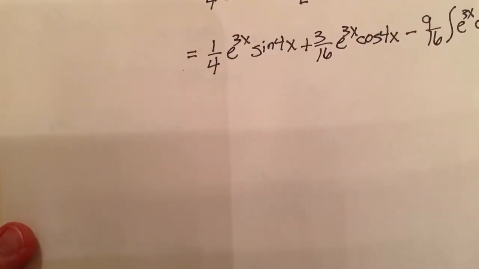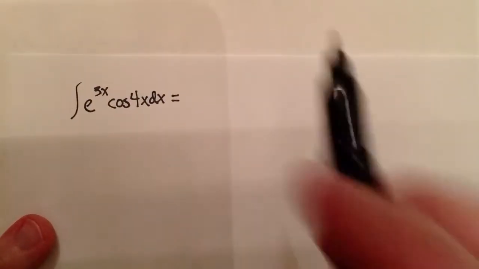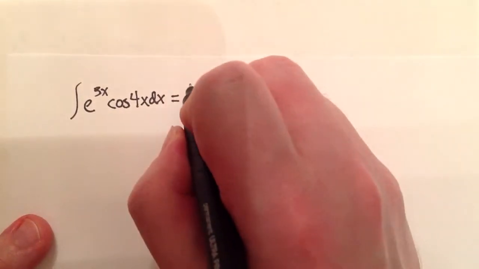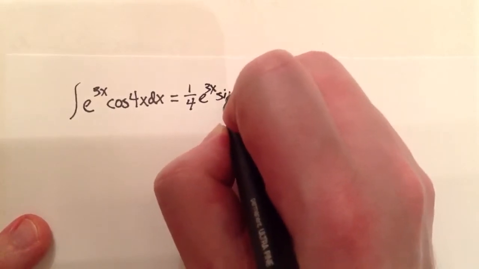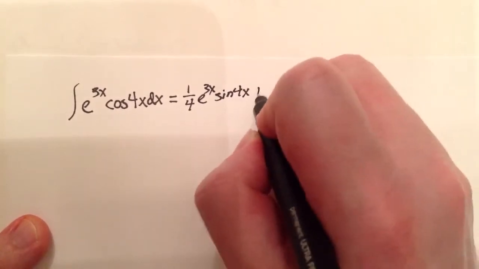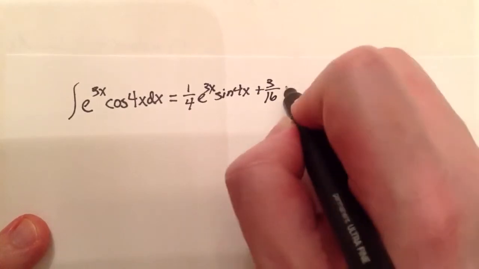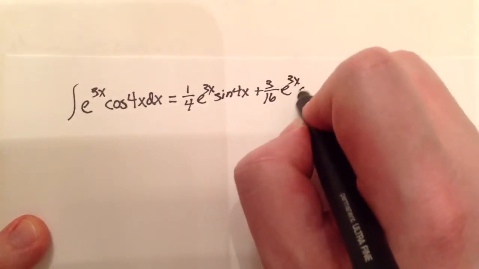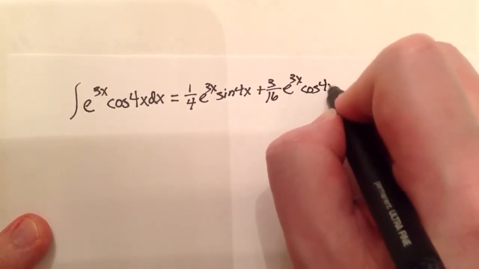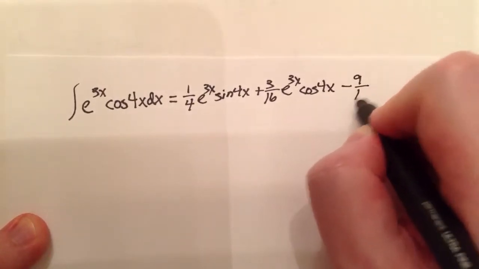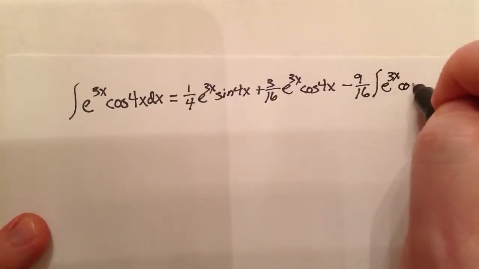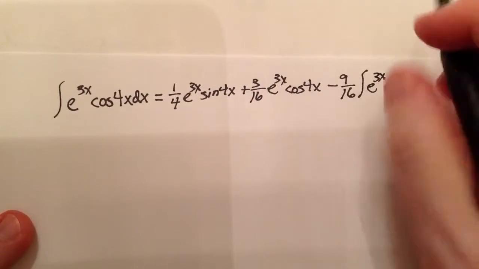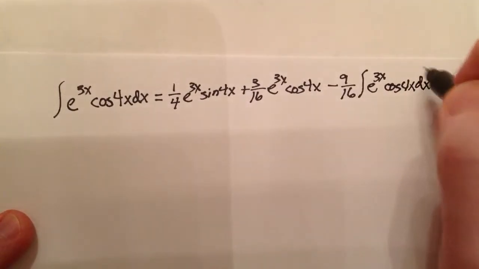And so we can combine our terms. Just reestablishing the setup, we have the integral of e to the 3x cosine of 4x dx equal to 1/4 of e to the 3x times the sine of 4x plus 3/16 e to the 3x cosine of 4x minus 9/16 of the integral of e to the 3x cosine of 4x dx.